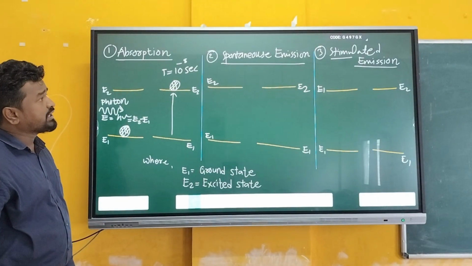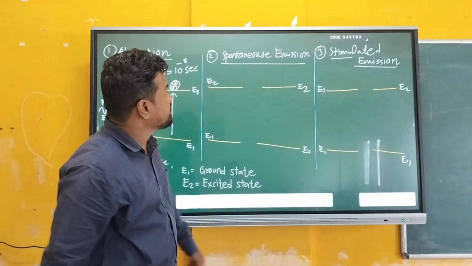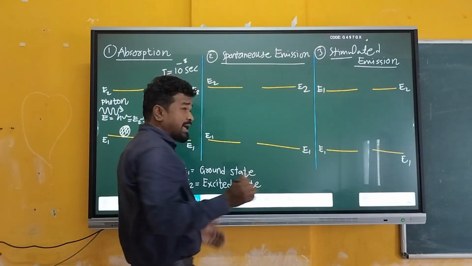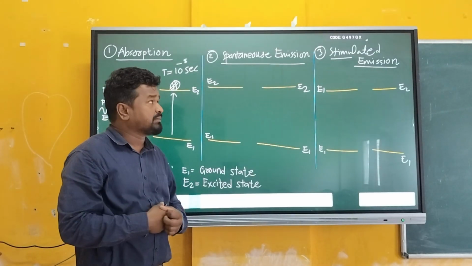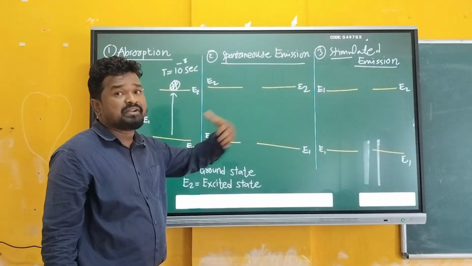Okay, let's study spontaneous emission. Spontaneous stands for natural, and emission is the process of emitting something, like emitting a photon. This is a natural process of emitting a photon.